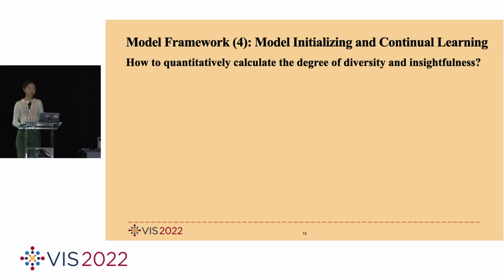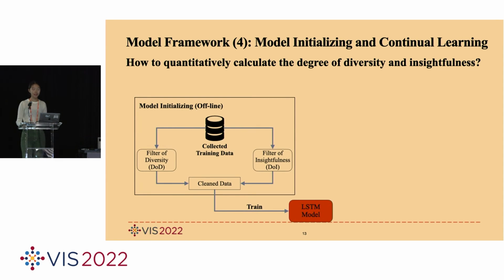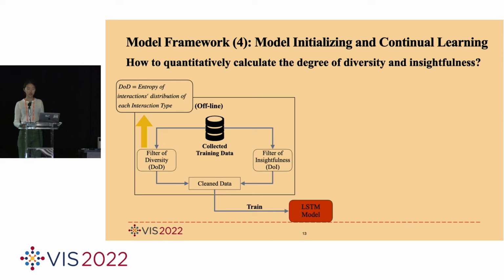Instead of using a static model, we divided the model into 2 parts. The training part cleaned the collected data using 2 filters of diversity and insightfulness to ensure the data quality. We compute the entropy of users' interactions to measure the degree of diversity and keep the interaction log only if the entropy is higher than a threshold.